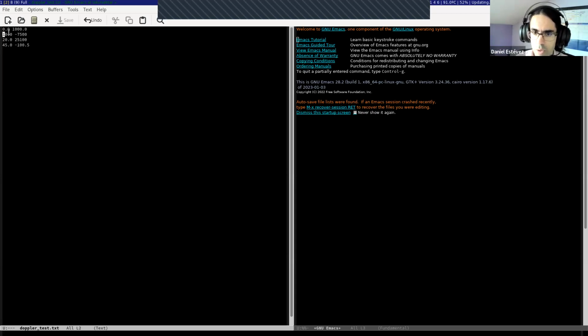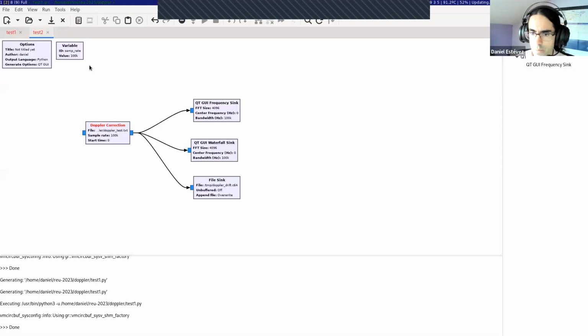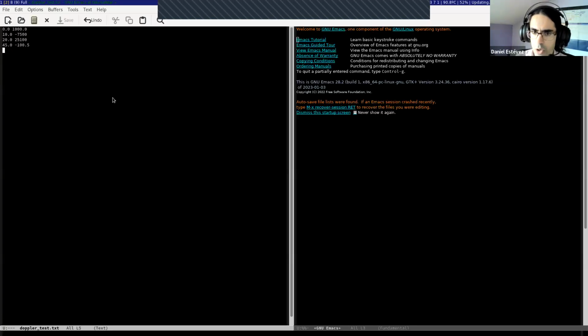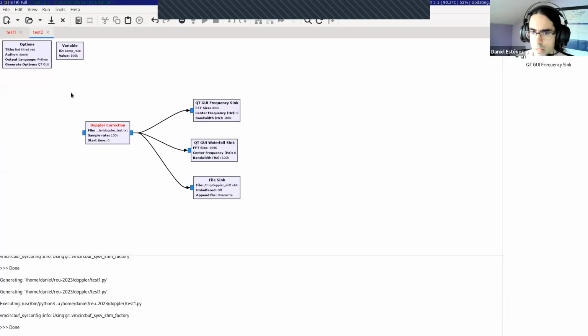And of course, in between, we need to linearly interpolate these values. So the Doppler correction block applies this frequency shift to whatever we set on the input, which is basically the opposite of what we have in this txt file.